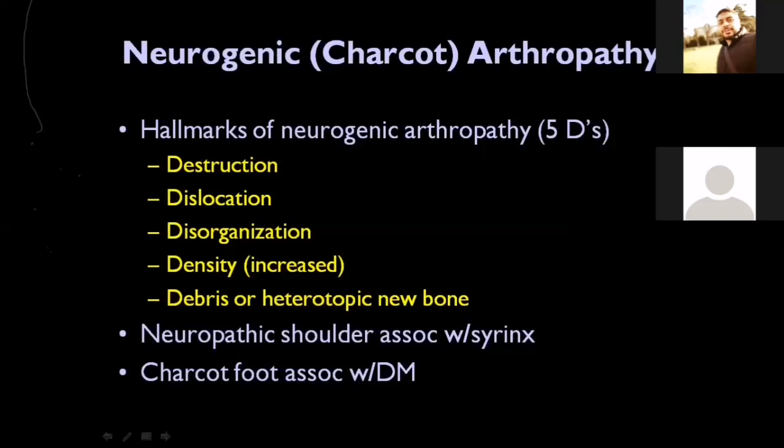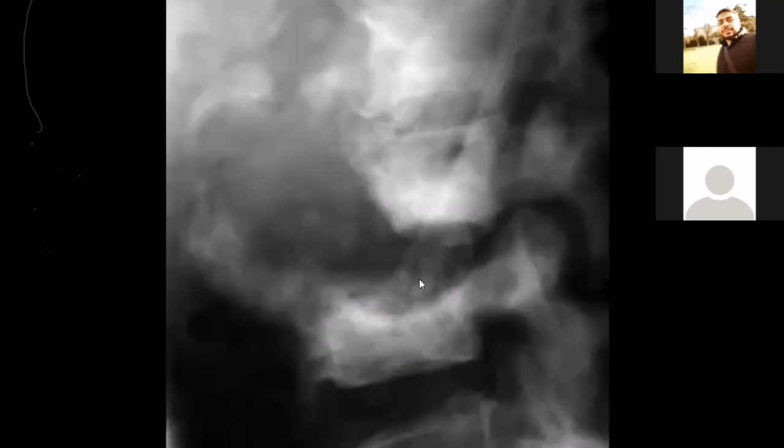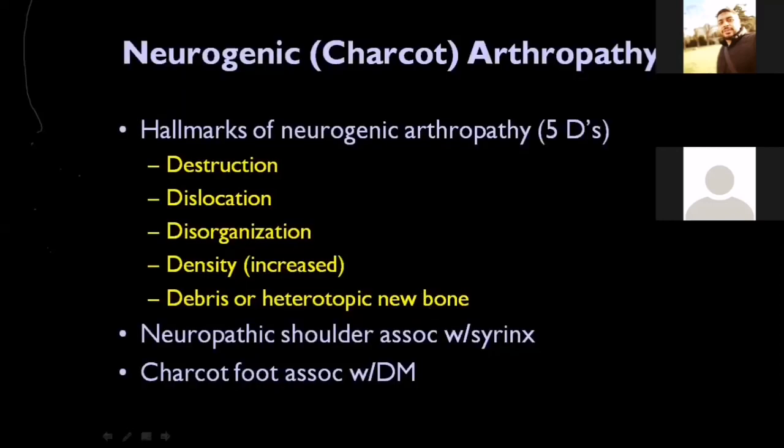I know that many people saw it in the ankle. You always see the radiograph in the ankle, but it's important to know that you can have this in the spine. Like this case, it is not common, but you can see it. So whenever you have increased density, disorganization, dislocation, destruction with debris, you are talking about something linked to Charcot.